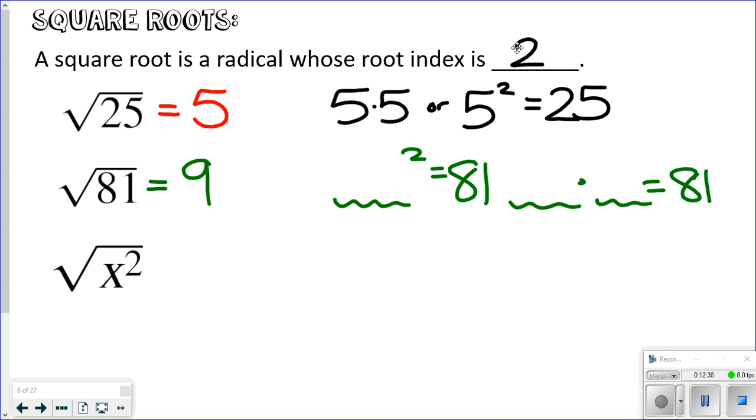This answer is going to be x. Why? Because x times x equals x squared. Or you could think about this as a fractional exponent.